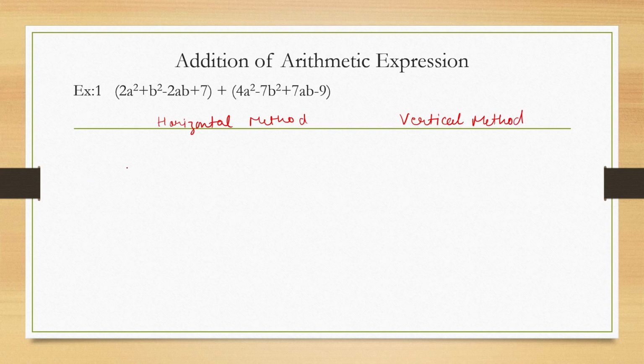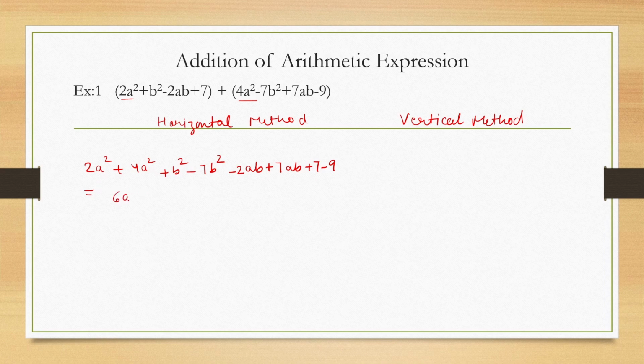So here if I want to do it, we have to group the like terms first. So 2a square plus 4a square plus b square minus 7b square minus 2ab plus 7ab plus 7 and minus 9. We have grouped the like terms if you see closely.